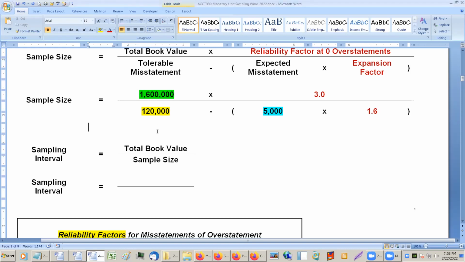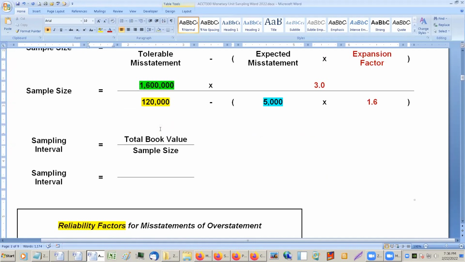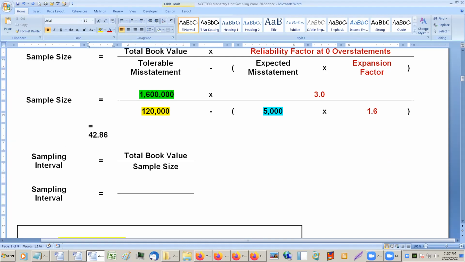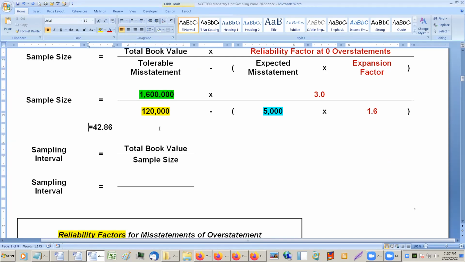Okay, so I came up with 42.86. I'm in a bad cell here. Put it over here. Okay, so the sample size is 42.86.